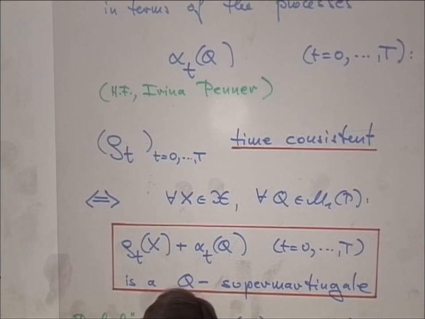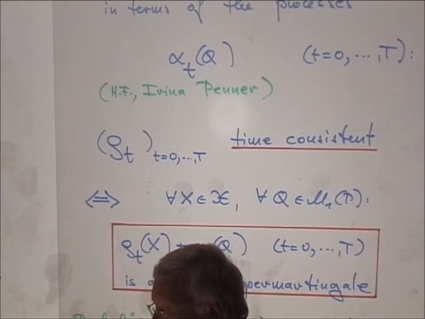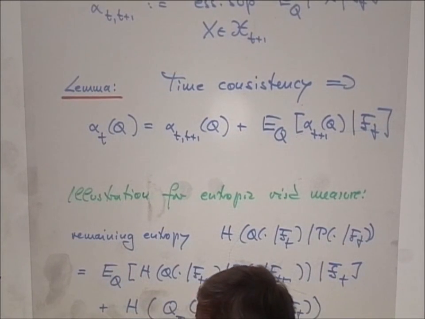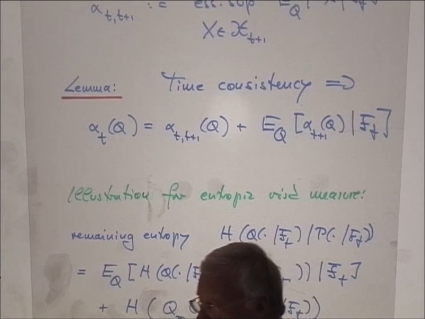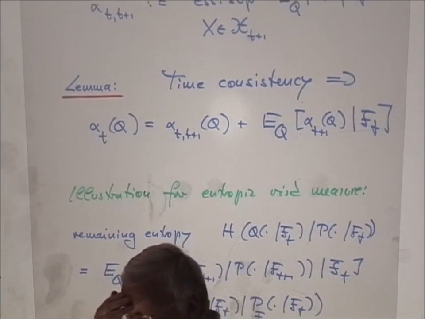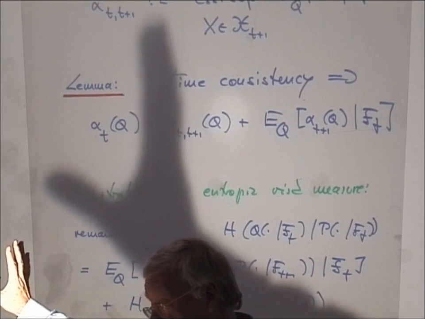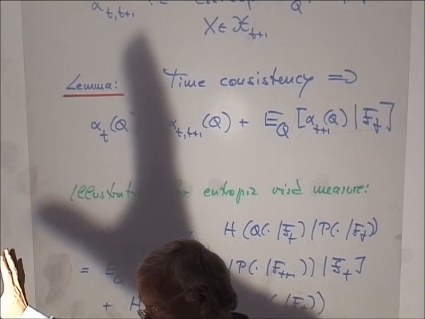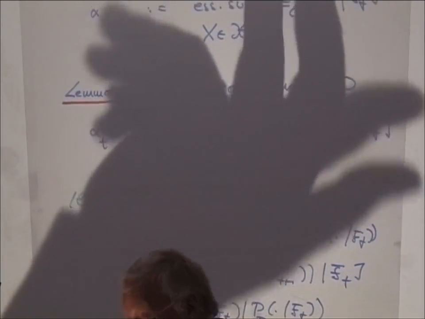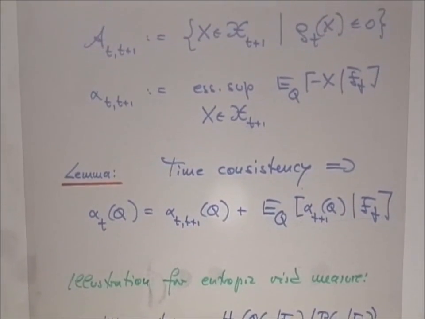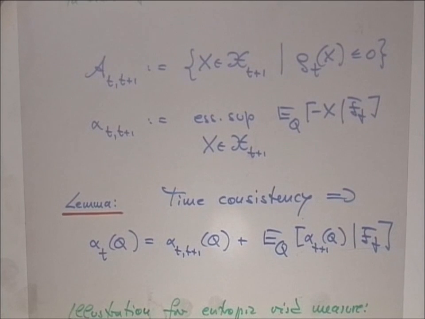What is a little bit harder is the converse. In order to prove the converse, we do the following. Here we look just one step ahead. So these are positions where the outcome will be known one step later, measurable with respect to F_{t+1}, and which are acceptable.